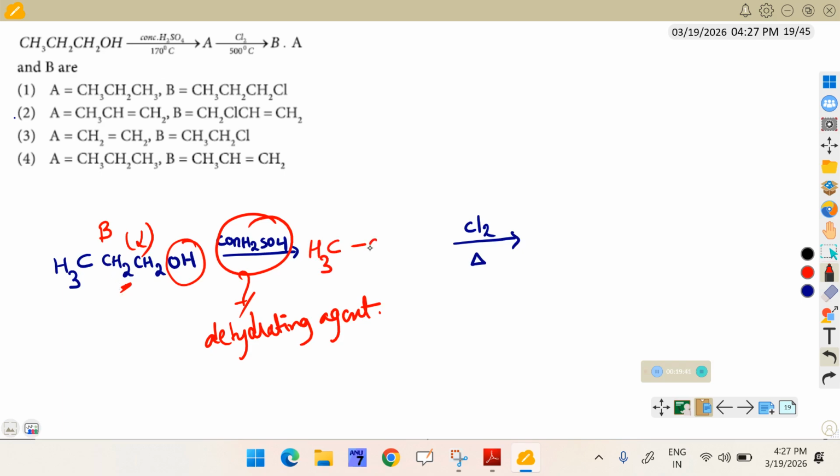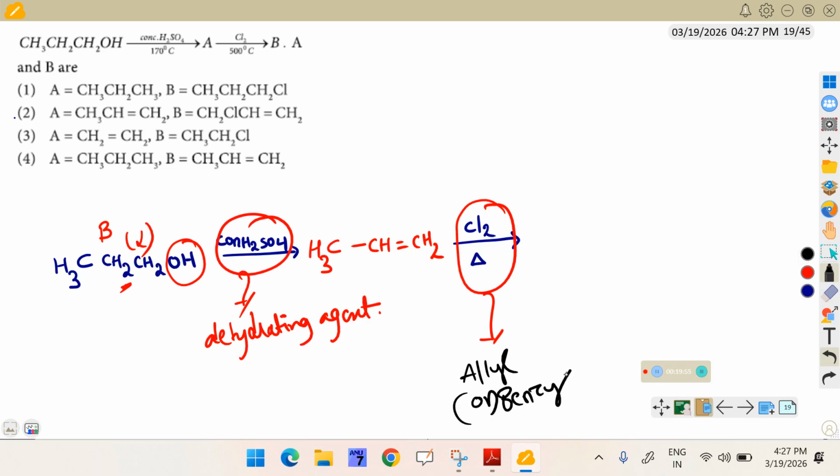Then it gives CH3 CH double bond CH2. Further, it reacts with chlorine in the presence of sunlight, which favors allyl or benzyl substitution. Yes, here an allyl carbon atom is present. Remove one hydrogen, in place of hydrogen substitute chlorine. So the second option is the correct option.